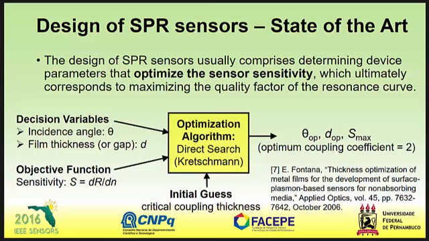He used as the decision variables the incidence angle and the film thickness, and tried to maximize the objective function, the sensitivity of the sensor, which equals the rate of change of the reflectance with respect to the refractive index of the sensing medium. He used as the initial guess the critical coupling thickness. And the outcome of the algorithm is the optimum point that corresponds to a coupling coefficient equal to 2.